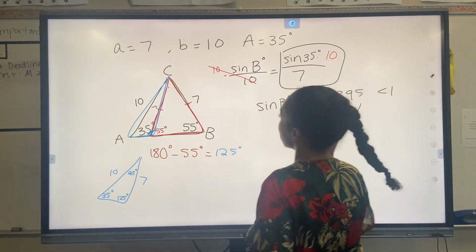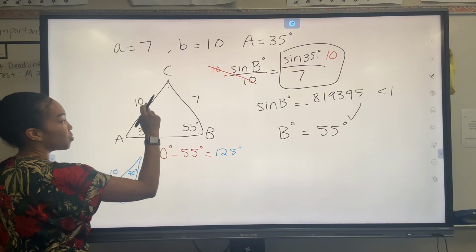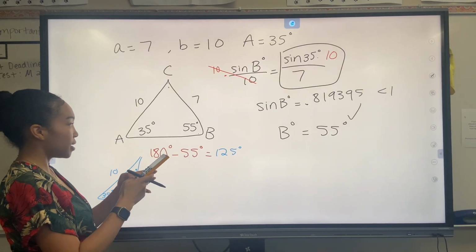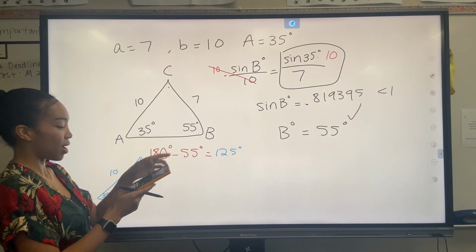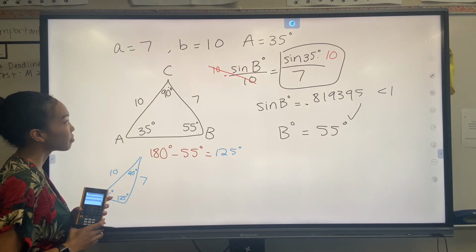So let me clean this picture up a bit. So let's finish finding this one. 180 minus 35 minus 55. This is a 90-degree angle, okay?